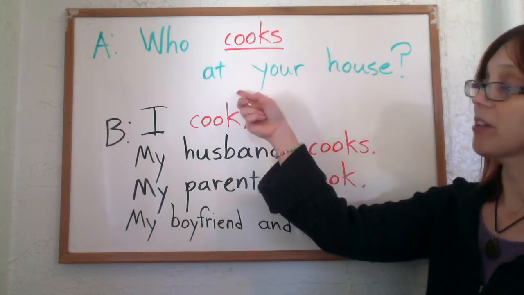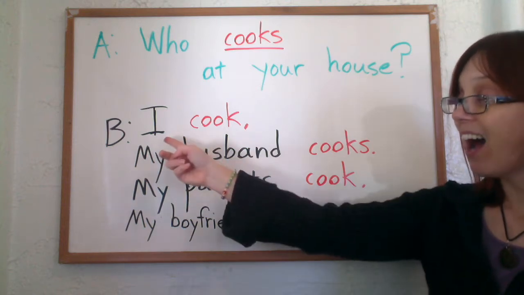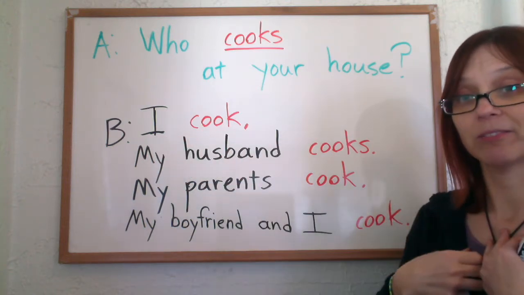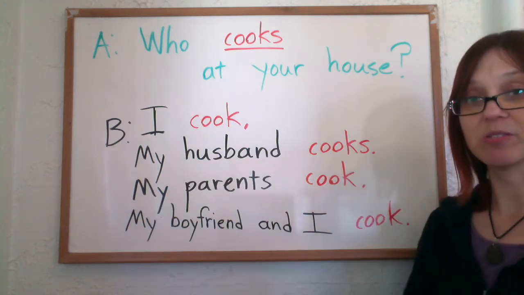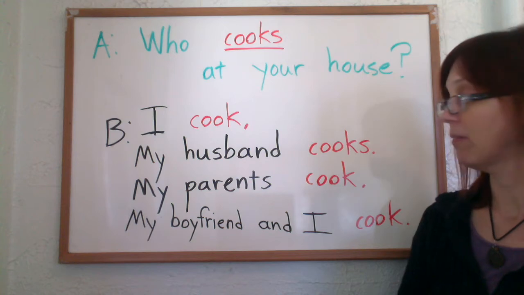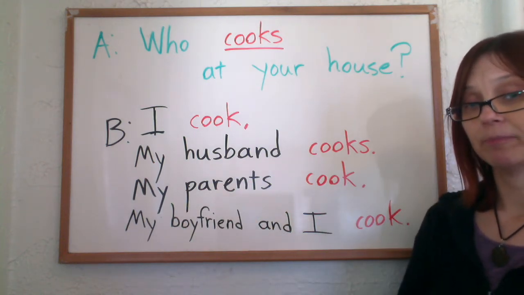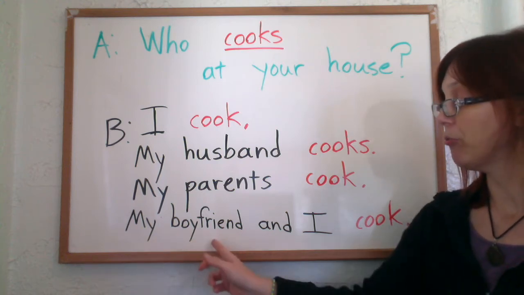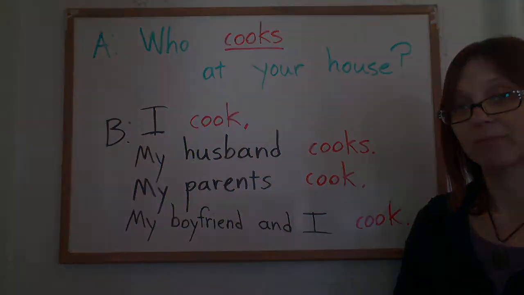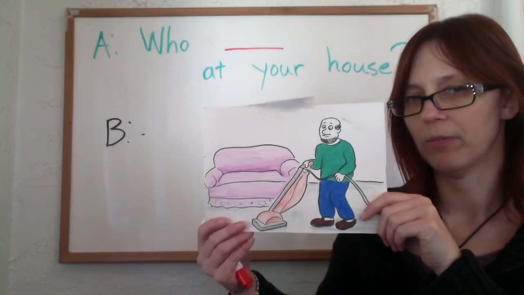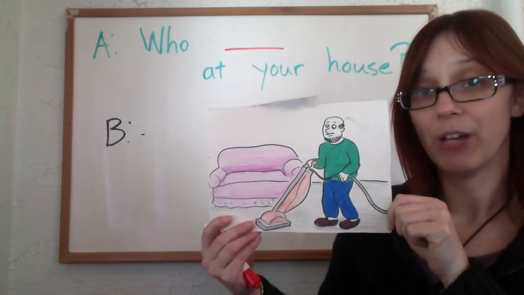Who cooks at your house? I cook. My husband cooks. My parents cook. My boyfriend and I cook. Here's another example. What is this? Vacuum.